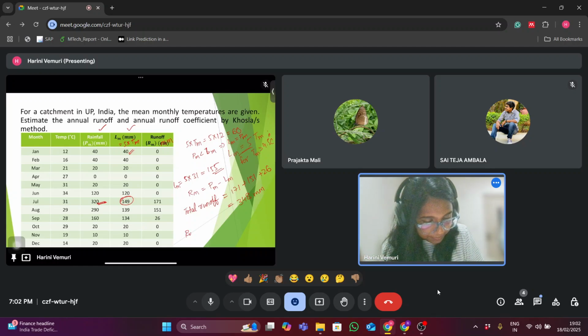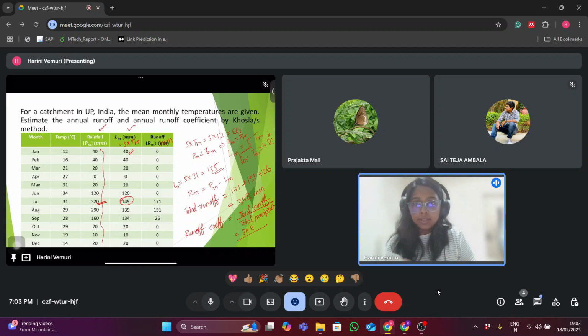And the runoff quotient. Runoff quotient is equal to total runoff by total precipitation, okay? So we have calculated that total runoff is 348 and the total precipitation is obtained by adding all these terms, okay? That is 40 plus 20... So that is 1060.